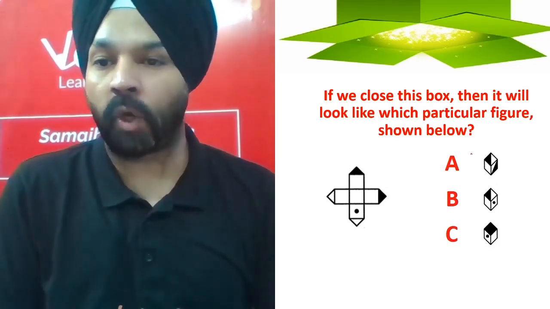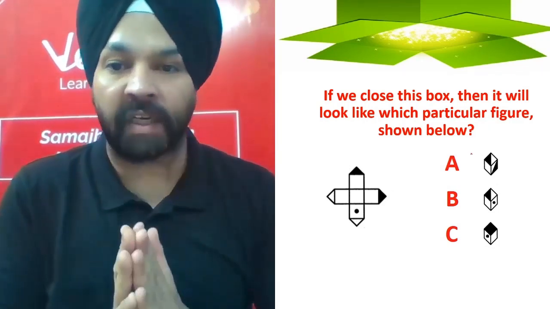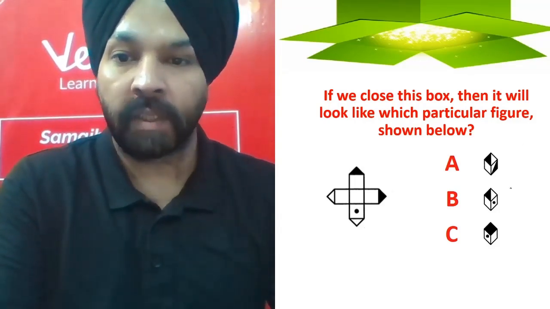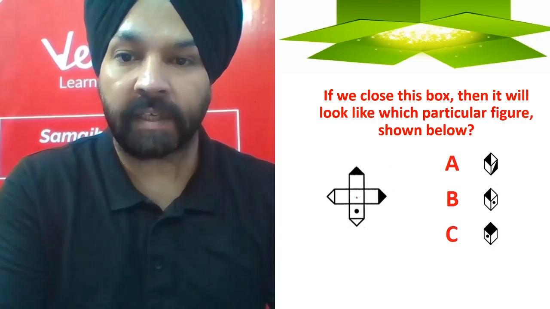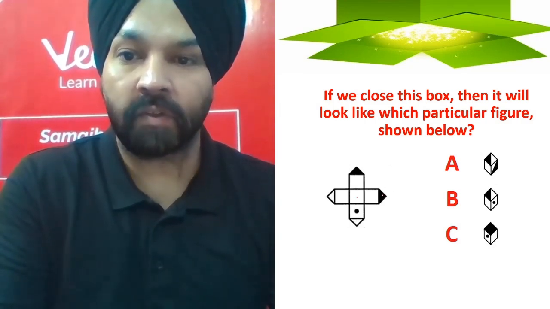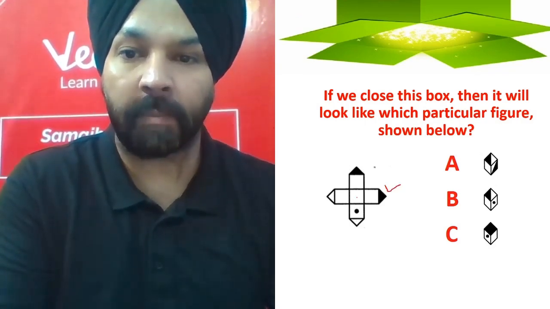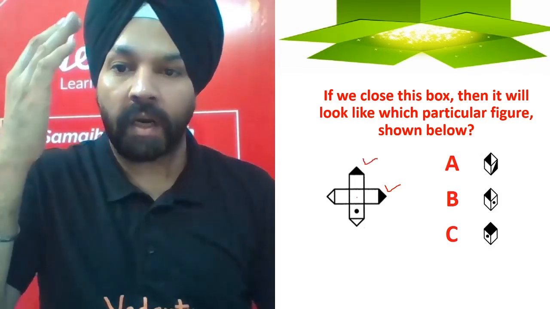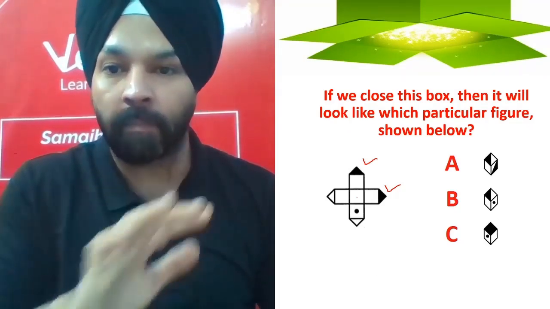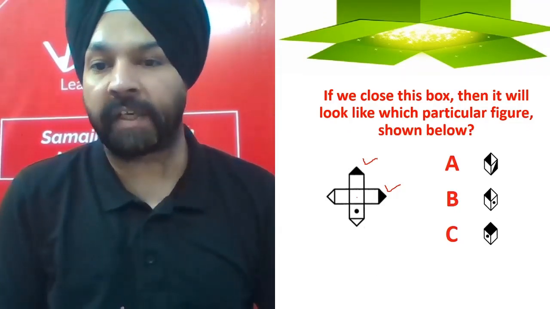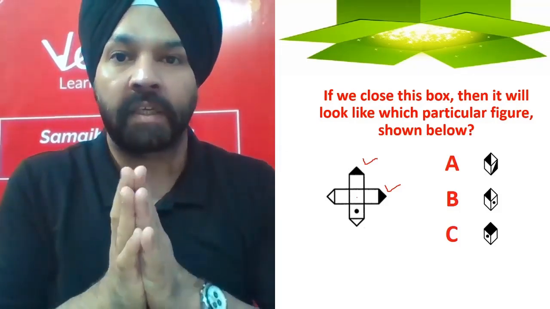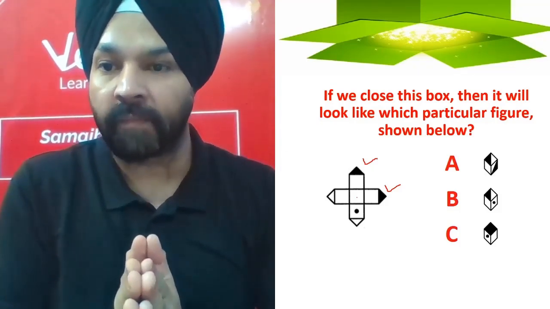Now we have got three options and this question is not at all a difficult one. It is very much visible to me that if I assume that this is the base, then this one and this one will be coming on the top, and the top will have a triangle which is black in color and a triangle which is white in color, because these two small black triangles will form a bigger black colored triangle.